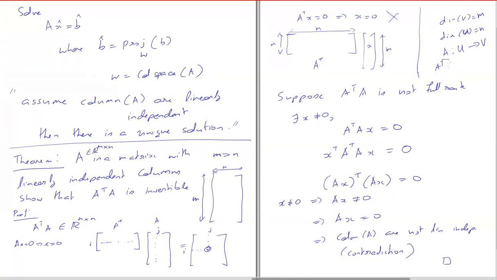Any n-dimensional subspace of the vector space of m dimensions: each vector has m coordinates, but the dimension of that subspace is n. Like a plane in 3D space: we need three coordinates to represent each point, but the dimension of the subspace is 2. Now, A transpose on any n-dimensional subspace of V doesn't have a null space because its rows are linearly independent.